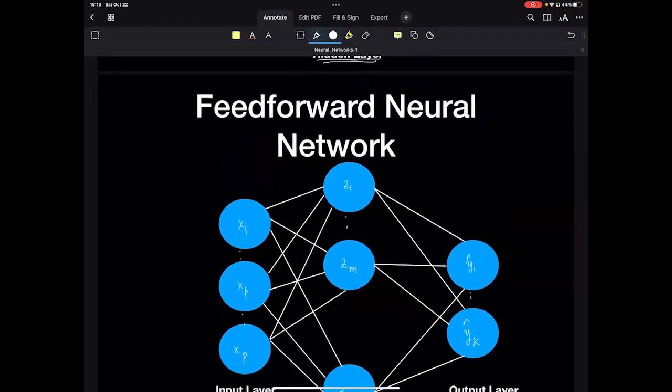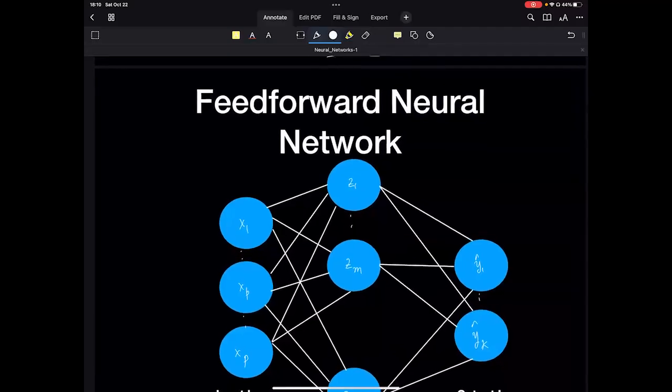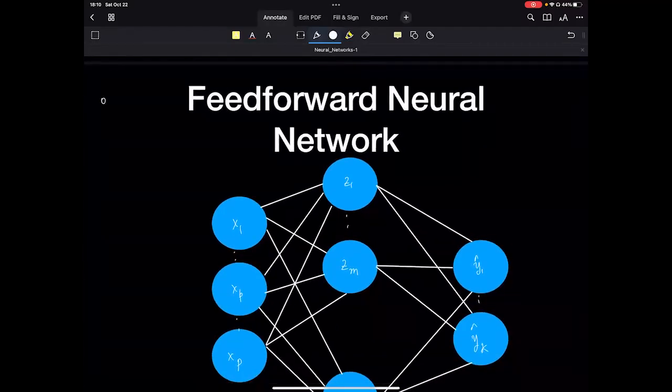Sir, y hat is equal to sigmoid of sigma i from 0 to capital M, xi and wi. Fine. We will write it out in all the gory detail in just a minute.